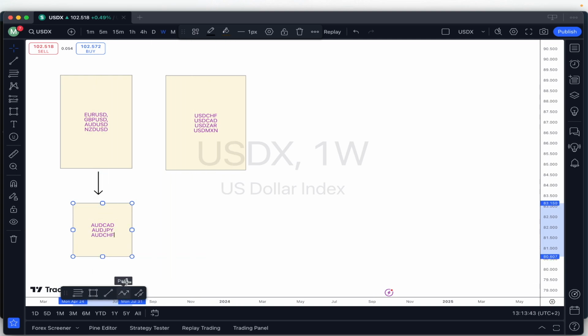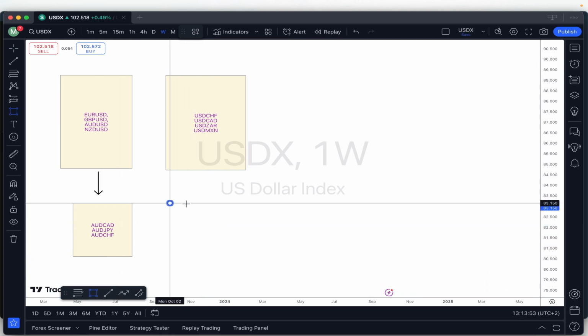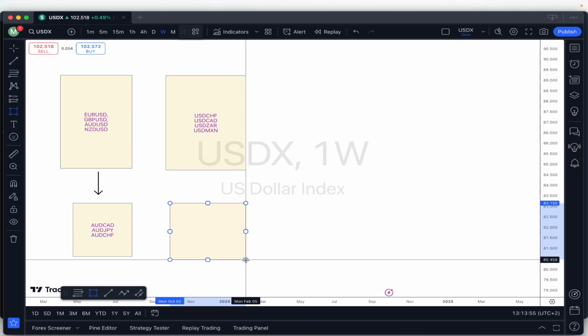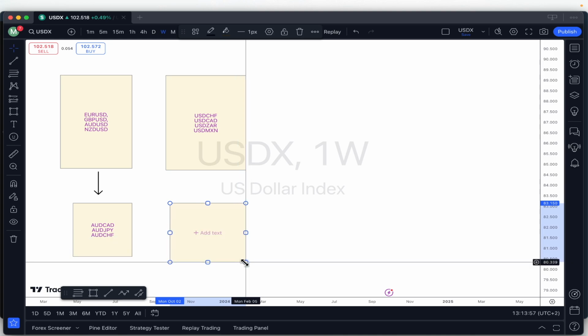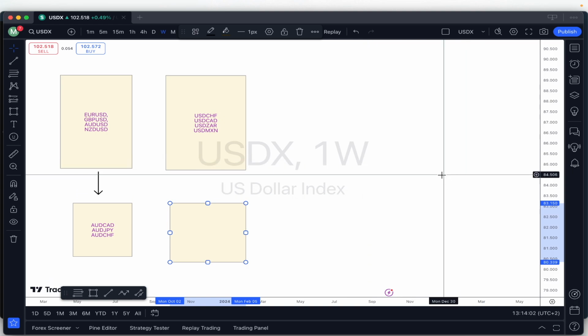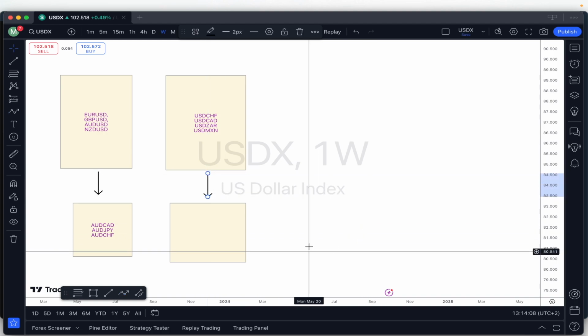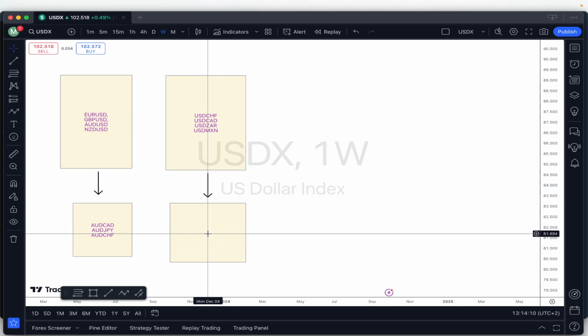And again, this does not mean that AUD JPY will do exactly what AUD CAD will be doing. Again, you need to know disparity and correlation of pairs. If you don't know that, I'll teach this in another video, or I'll share another video where I talked about this, where I explain it, and you then get to appreciate what exactly I meant.